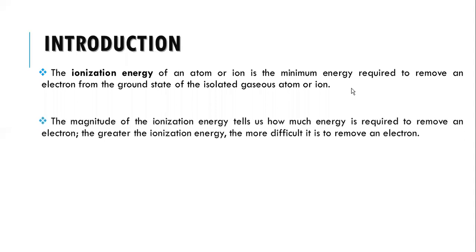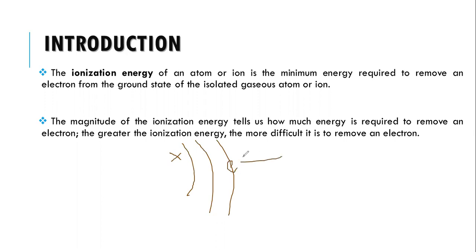The magnitude of the ionization energy tells how much energy is required to remove an electron. When we speak about ionization energy, we are speaking about the energy you need to remove a valence electron. Just imagine this is your atom, having shells, and this is your valence electron.